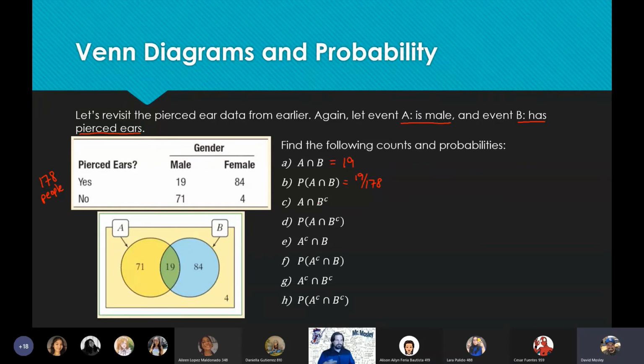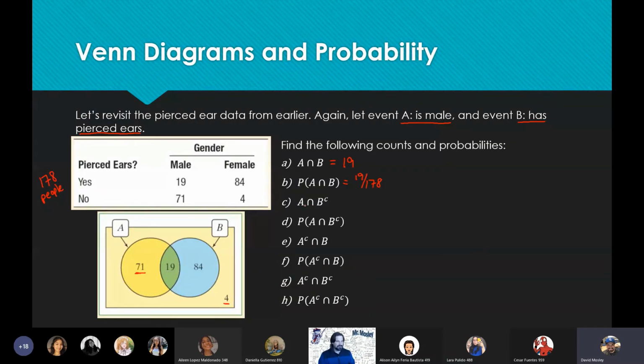So I want to know, what does A have in common with everything that's not in B? That leaves us with these four, not in B, and the 71 that's in A and not part of B. But these four are also not in A, so they're not part of the intersection.